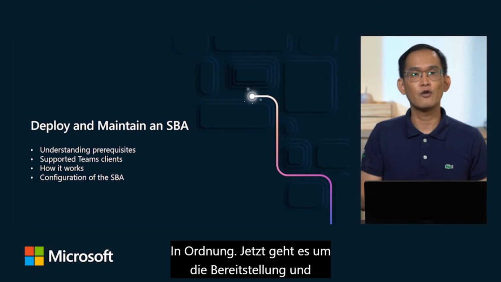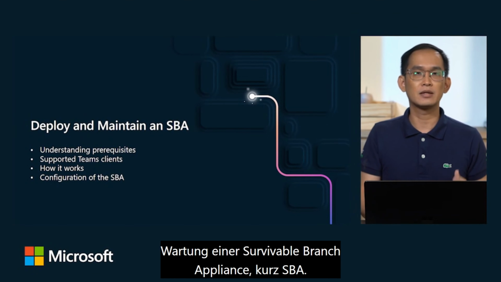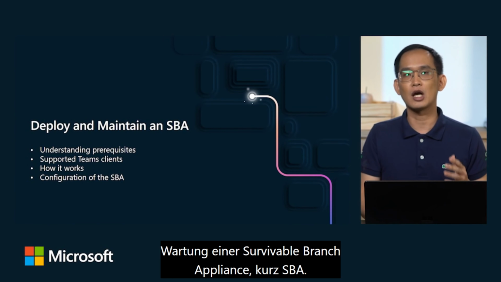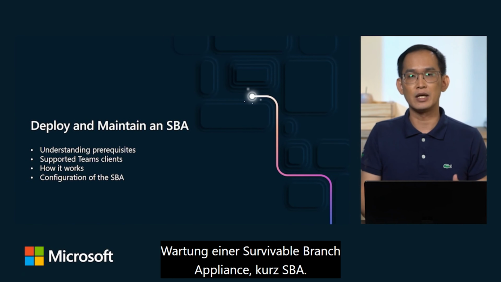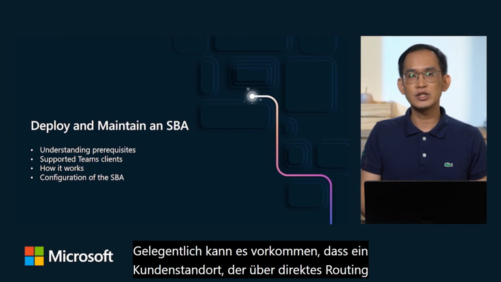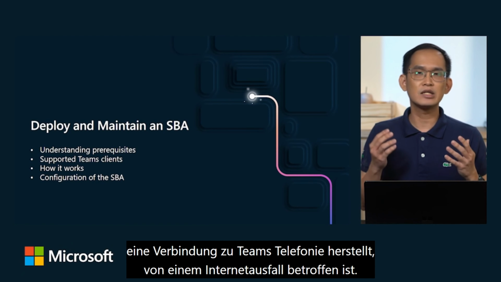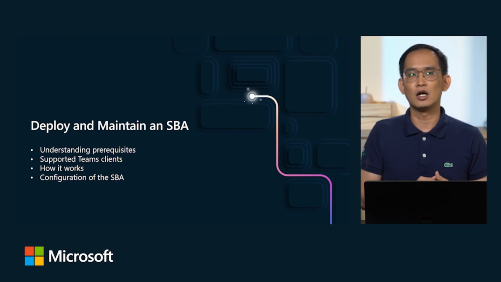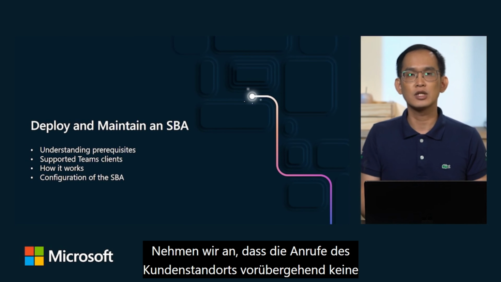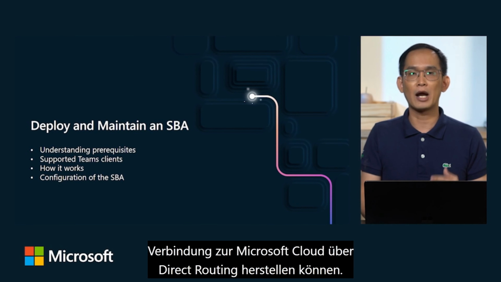Alright, right now we are talking about deploying and maintaining a survivable branch appliance, or SBA. Occasionally, a customer site using Direct Routing to connect to Teams Phone may experience an internet outage. Assume that the customer site calls temporarily cannot connect to the Microsoft Cloud through Direct Routing.